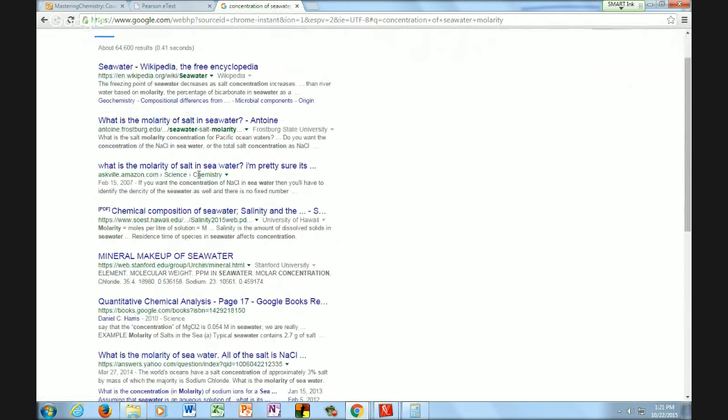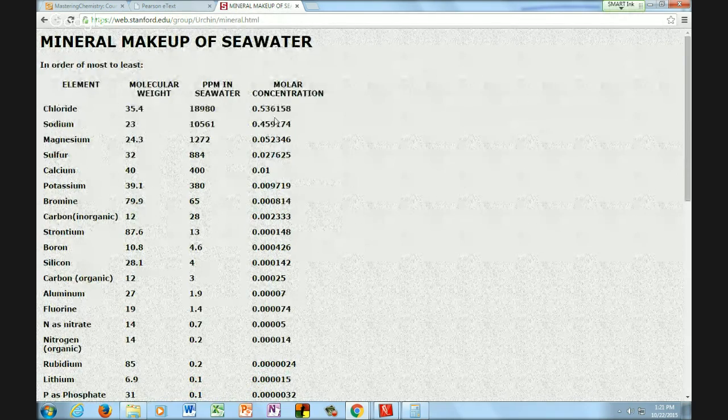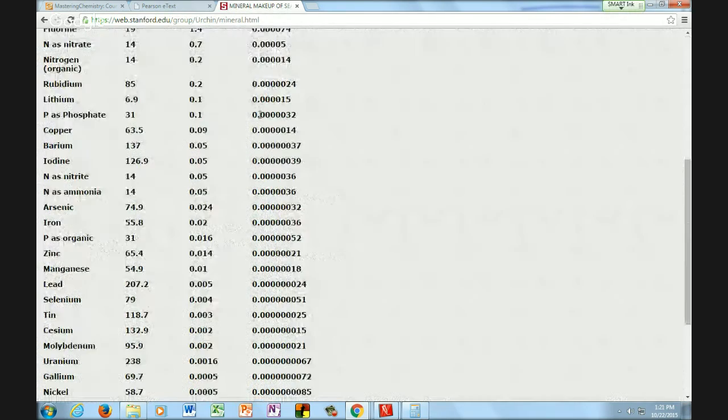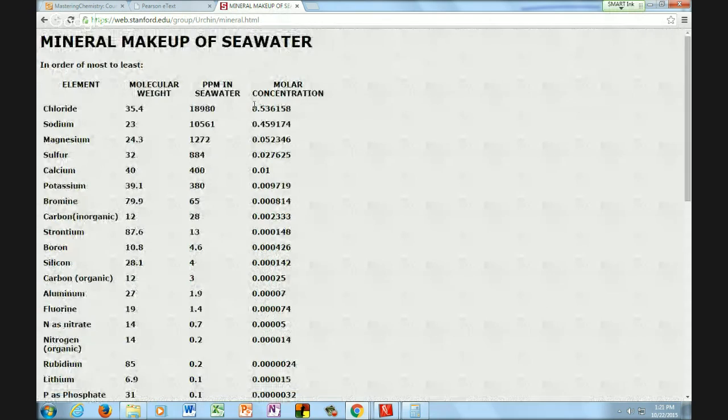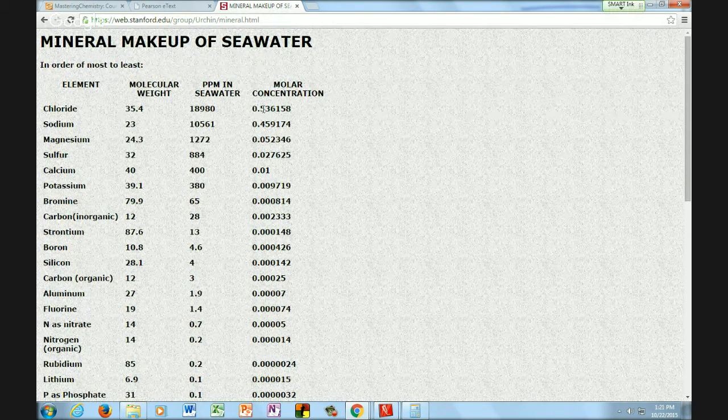Assuming these things are correct, some research group will assume that it's right. So this is telling us that there's a lot of stuff in there, but the major components of seawater, of course, salt, it's about 0.5 molar in chloride and 0.4 molar in sodium.